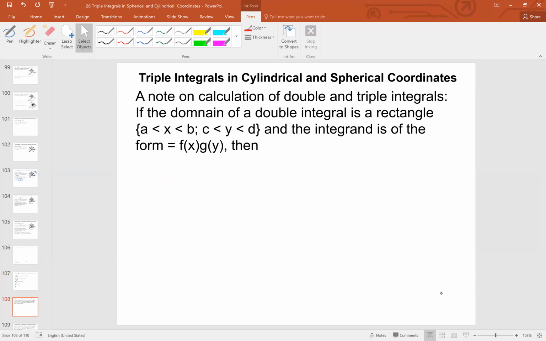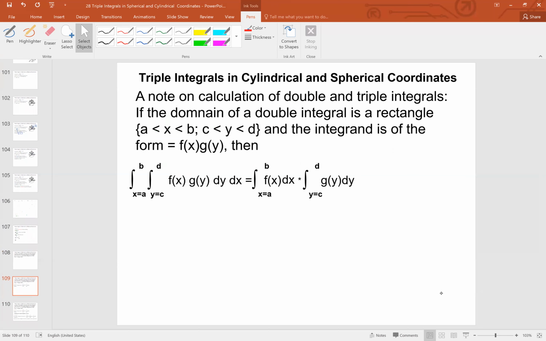But there are a couple of cases worth noticing. Here x and y may be r and theta, or x, y, z might be rho, theta, phi. If the integrand turns out to be two functions multiplied, a function of r times a function of theta, for example, then x and y are just dummy variables.